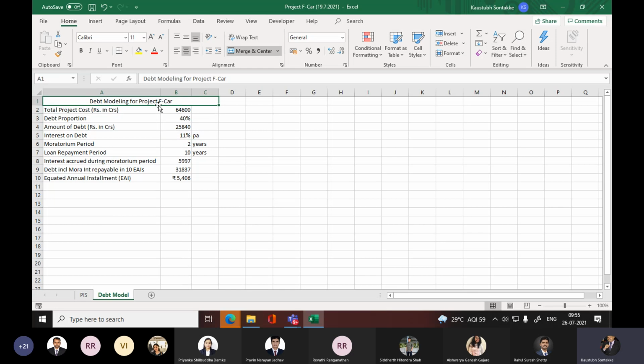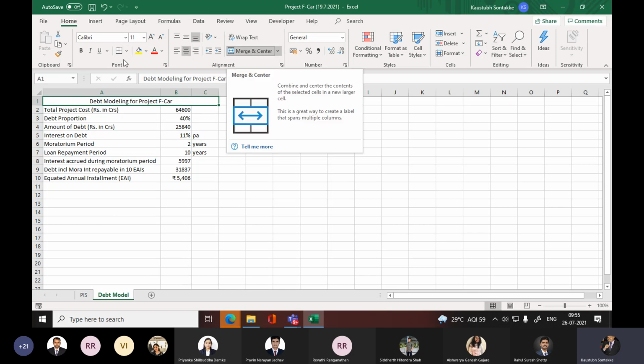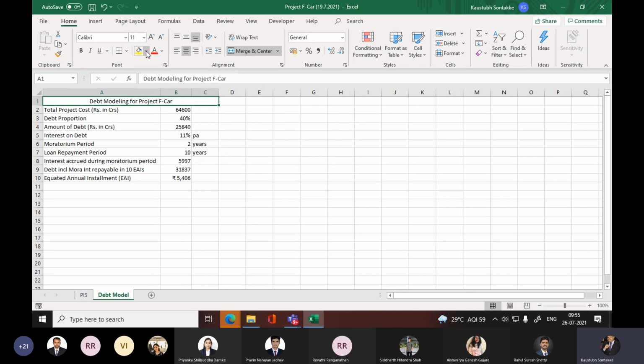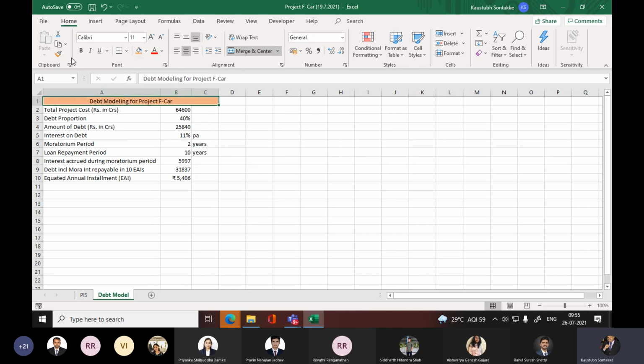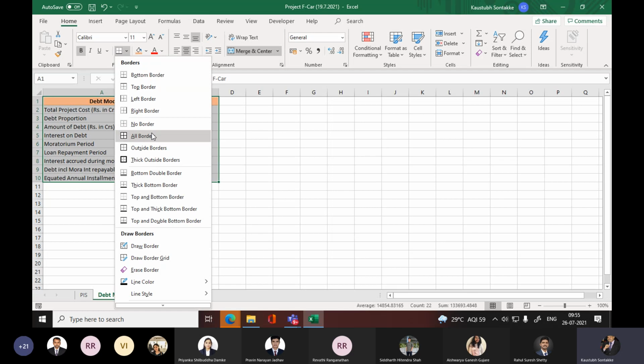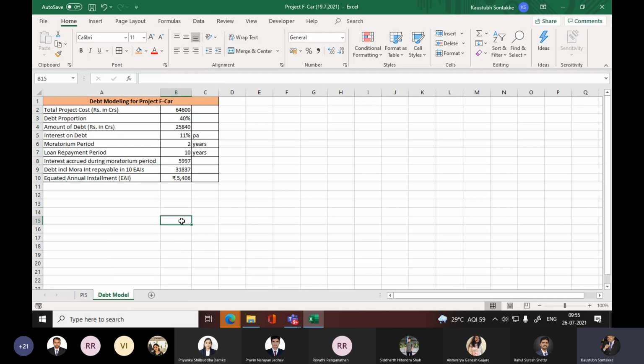A bit of formatting on the top. I'll go debt modeling for project FCAR, merge and center, change the color, and make the borders visible. So this is the basic data, and I have calculated the equated annual installment.